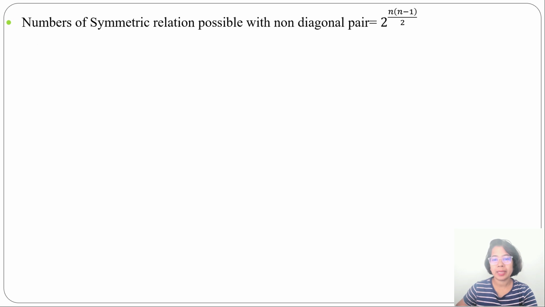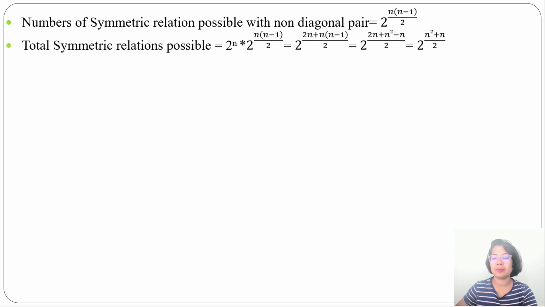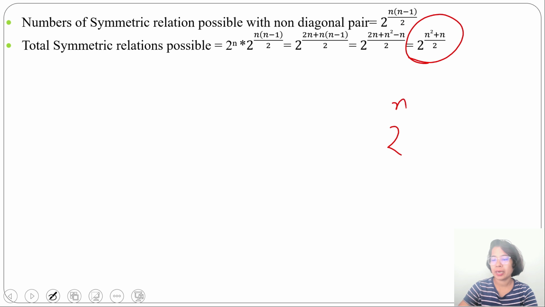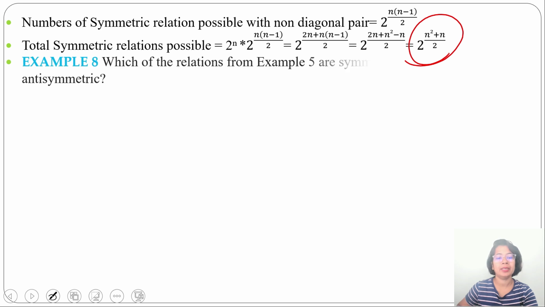Now we'll multiply these two. So 2 power n multiplied by 2 power n(n-1)/2. It will be 2 power (n squared plus n)/2. That we can write as 2 power n(n+1)/2. So the number of symmetric relations possible equals 2 power (n squared plus n)/2.